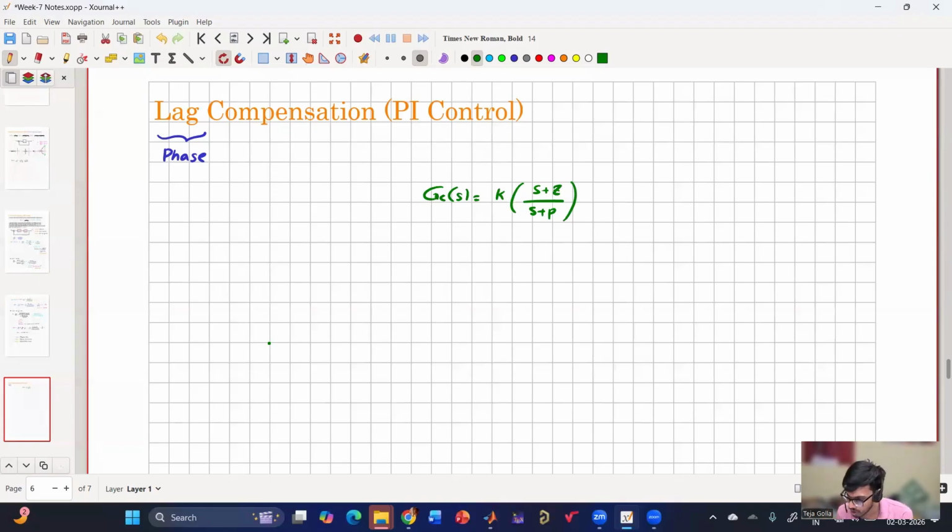Say if my pole is smaller and the zero is far away, then this is lag compensation.